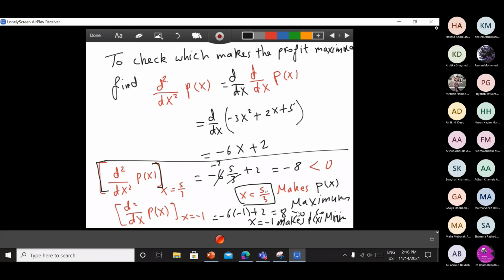If we are getting a positive answer, like we got when x is equal to -1, we got 8. 8 is not the profit. 8 is the second derivative of the profit.